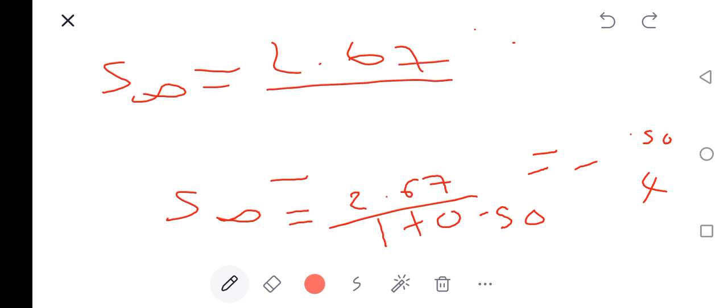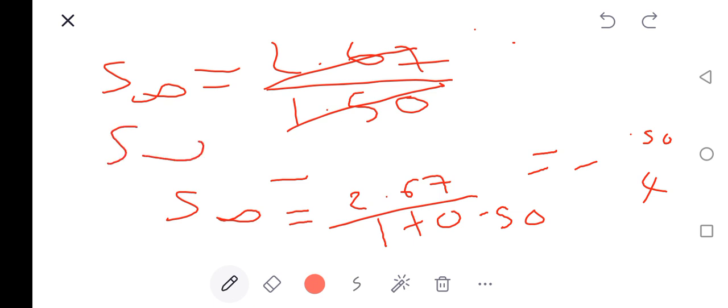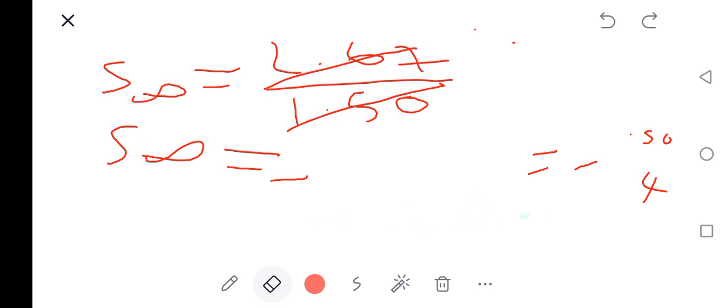We are dividing by, so if you add it to, it's 1.50. So let's divide now using our calculators. 2.67 divided by 1.50.